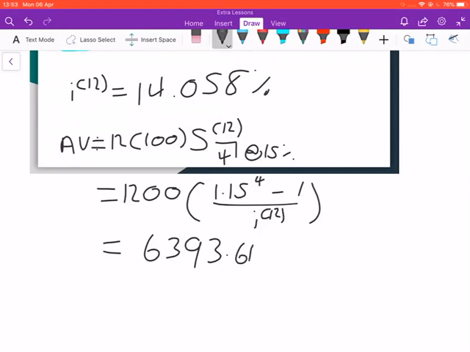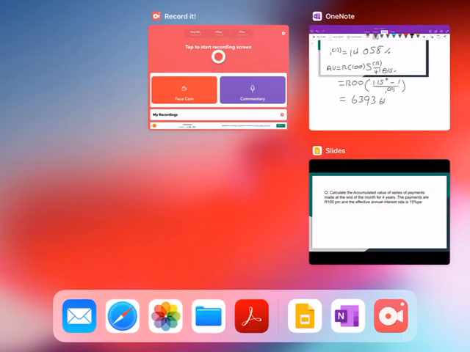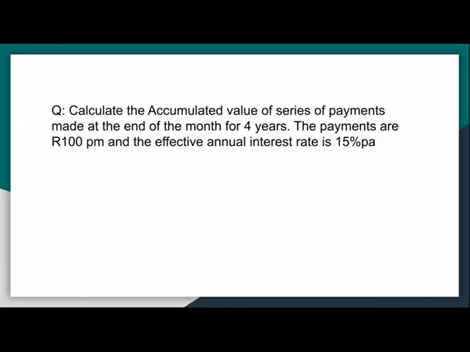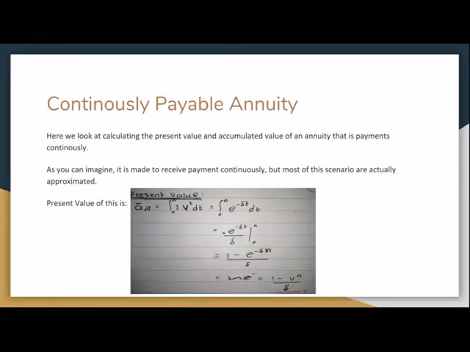So I hope we found the same answers, but then let's go back and check some other things in the note. So now let's look at continuously payable annuities. Here we look at calculating the present value and the accumulated value of an annuity that is payable continuously. You may not understand this if you don't have background knowledge of interest.